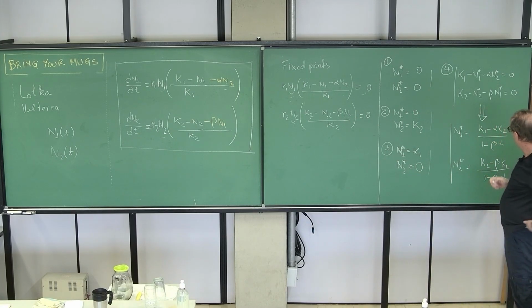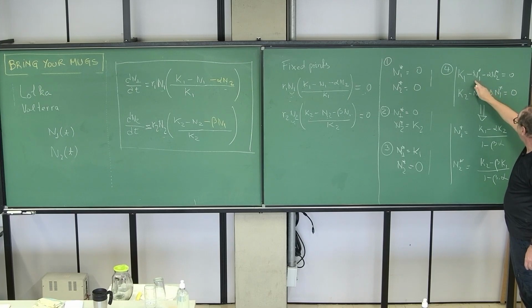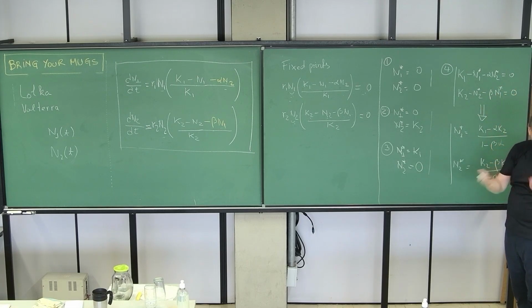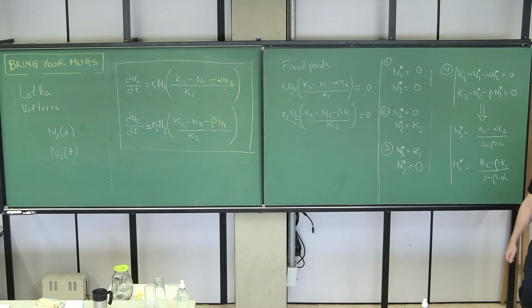And this is a system of linear algebraic equations. You can solve this by saying n1 is equal to k1 minus alpha n2, then you plug it here, do some algebra, and you find the values of n1 and n2, which happen to be these ones. Okay?